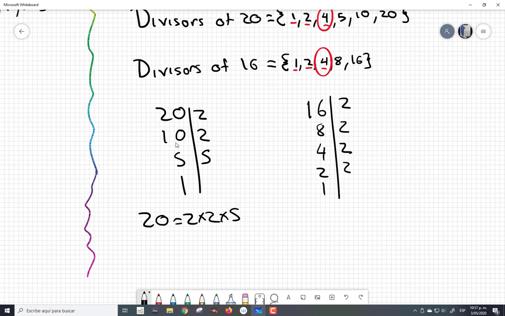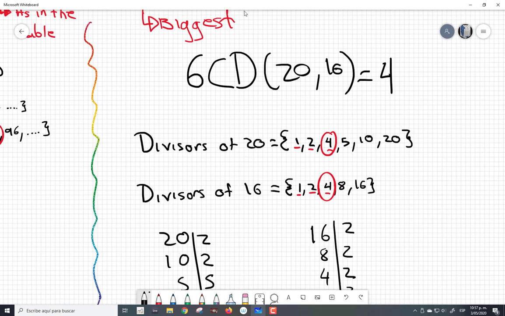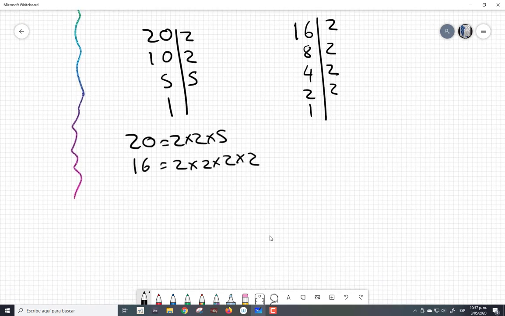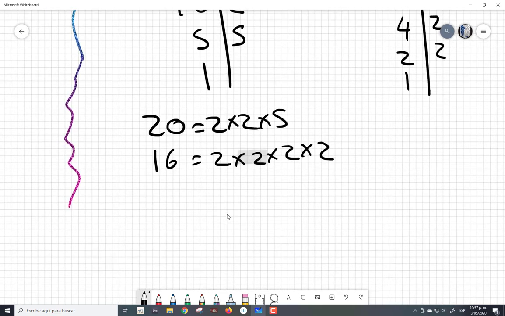And I am going to write it here already. So for finding the greatest common divisor, the process is really similar. You are going to start making pairs or couples of the numbers in the two factorizations. This one goes with this one, and this one goes with this one, but the others do not have any couple. They are forever alone.